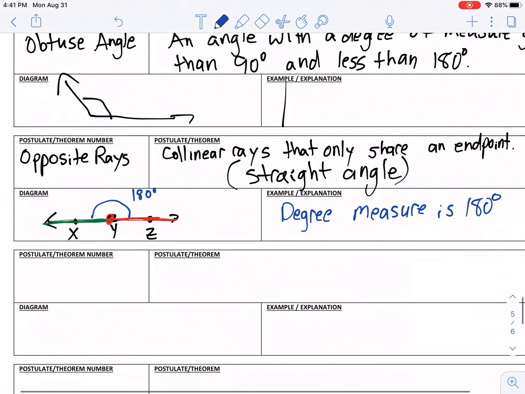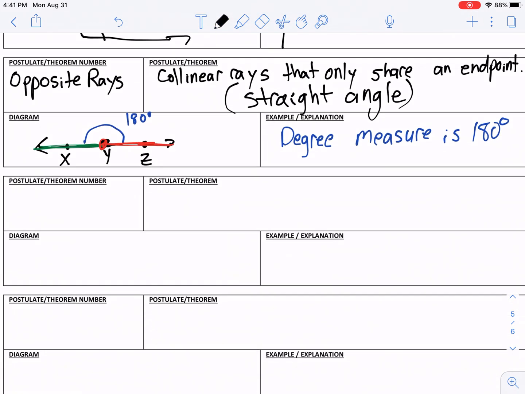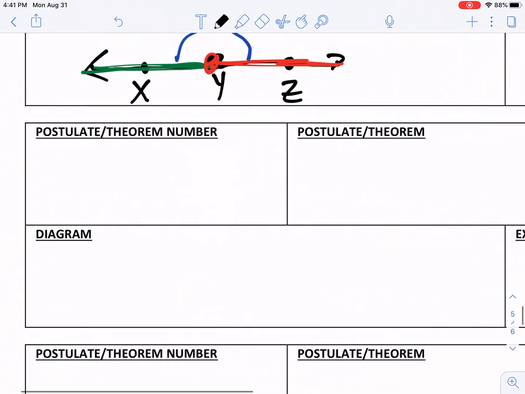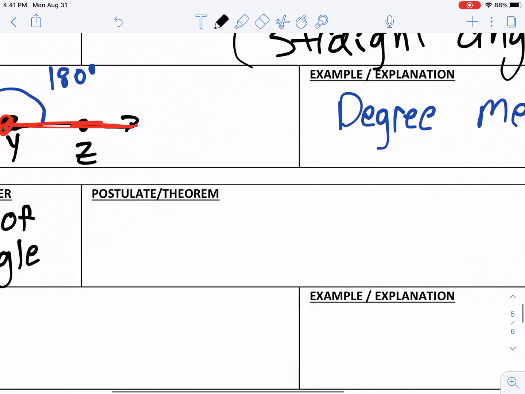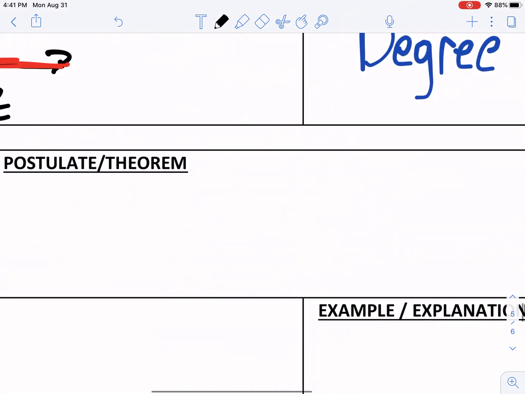Okay, so then the next thing that we want to look at is interior of an angle. Now this one is a little bit lengthy, so please feel free to hit pause.